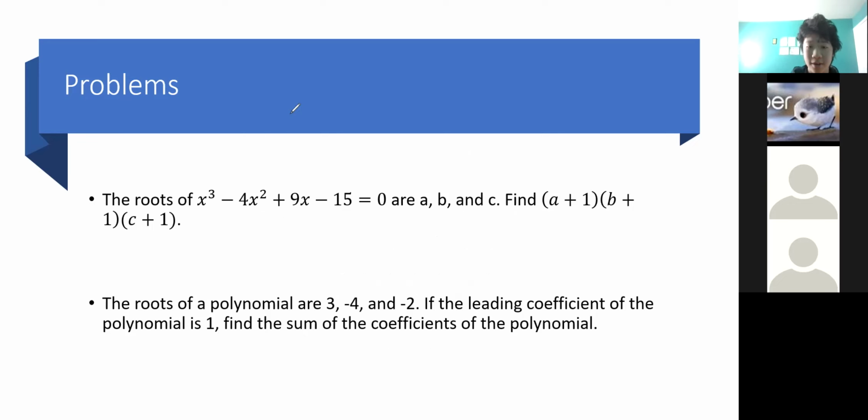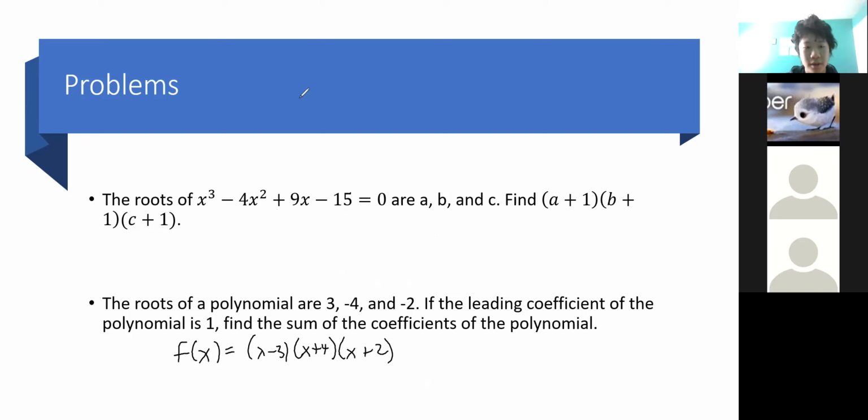It's the easiest way. Remember when we talked about how if we want to find the sum of the coefficients, all we really need to do is plug in 1 into that polynomial, and that will give us the sum of the coefficients, right? So we know that f of x is (x minus 3)(x plus 4)(x plus 2), right?